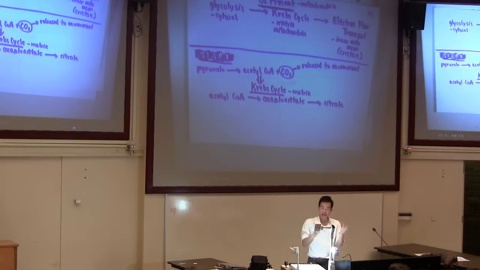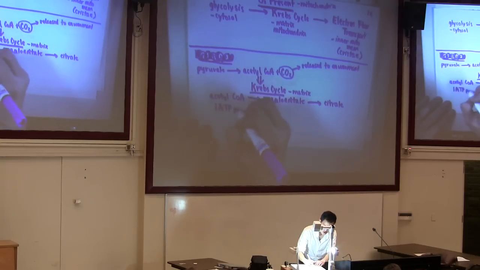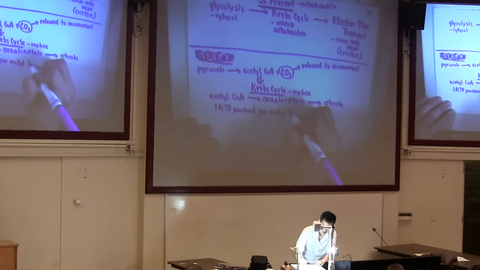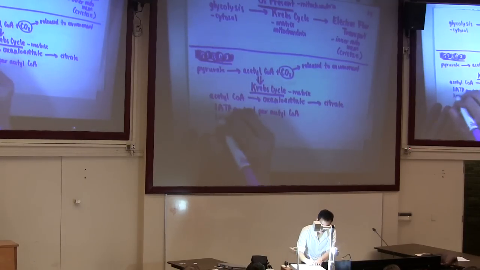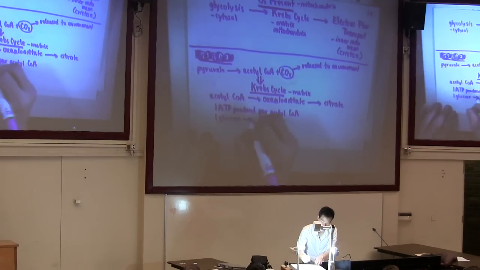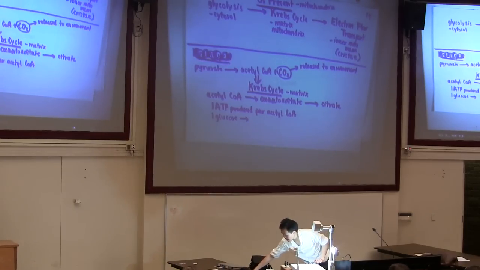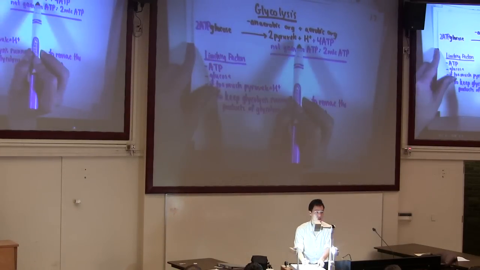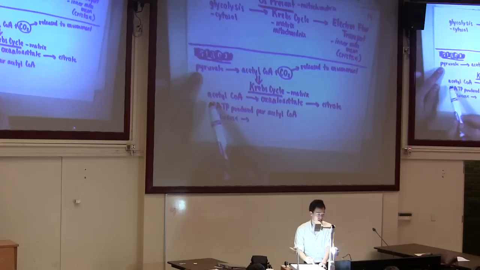And so let's do some energetic calculations. So 1 ATP is produced per acetyl-CoA. 1 glucose produces how many molecules of pyruvate? 2. If you look back at the reaction for glycolysis, 1 molecule of glucose produced 2 molecules of pyruvate. 1 molecule of pyruvate produces 1 molecule of acetyl-CoA.